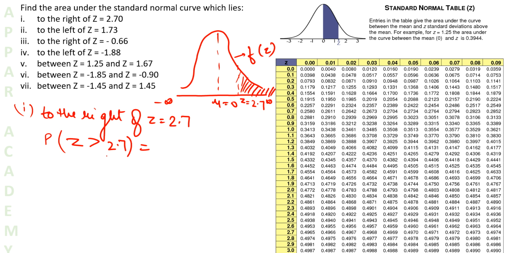See, first of all, in order to find this, all we know is that the probability that z lies between 0 and 2.7 plus the probability that z is greater than 2.7 is equal to 0.5, right? We know the total area towards the right of 0 is 0.5.